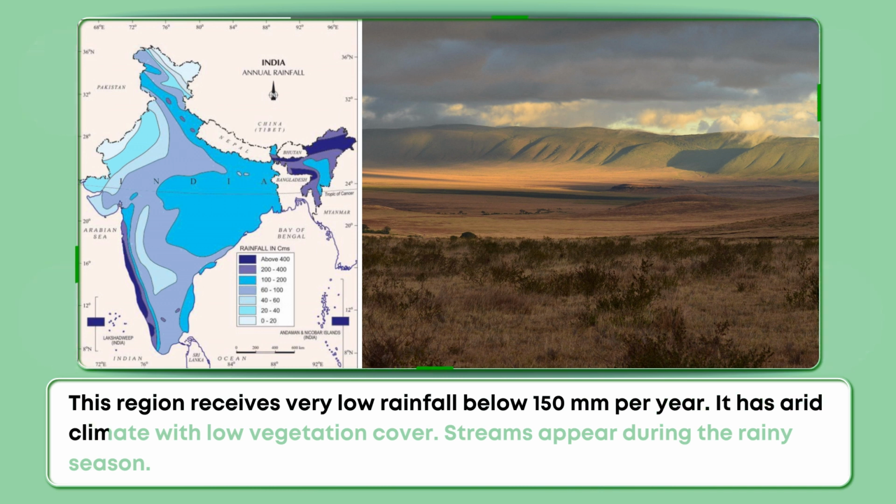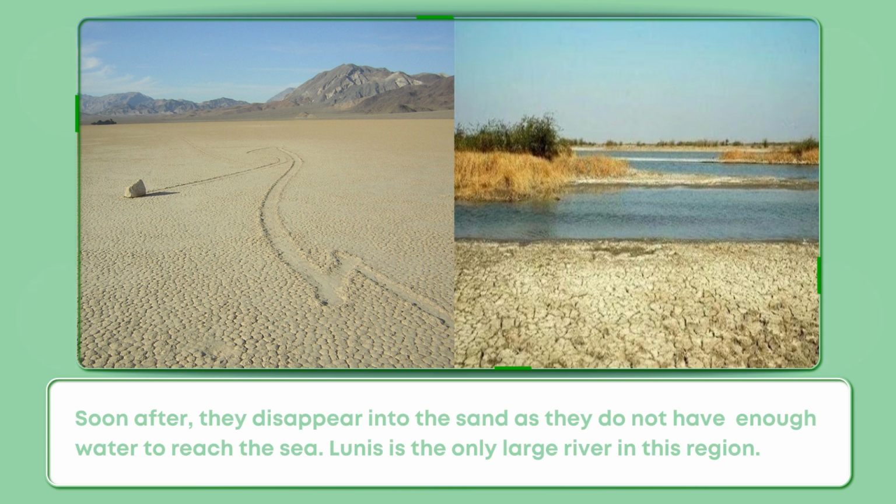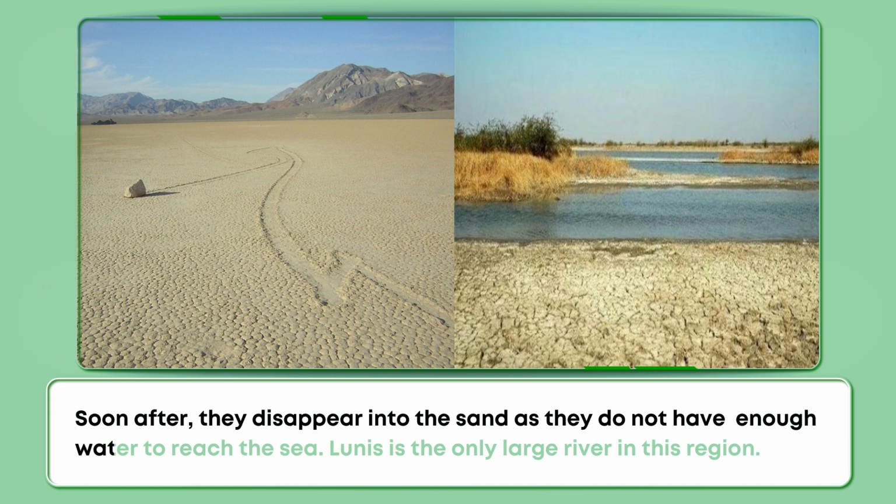It has an arid climate with low vegetation cover. Streams appear during the rainy season. Soon after, they disappear into the sand as they do not have enough water to reach the sea. Luni is the only large river in this region.